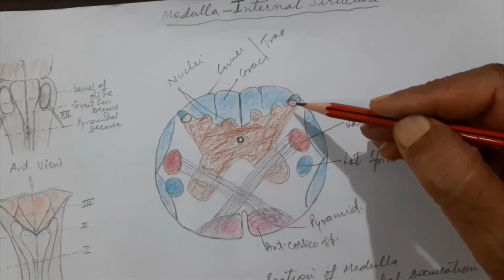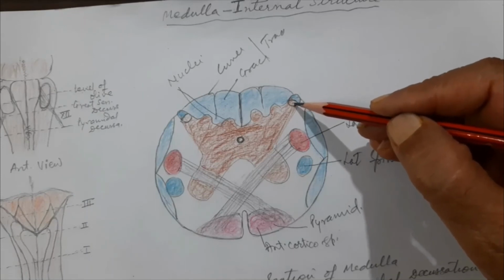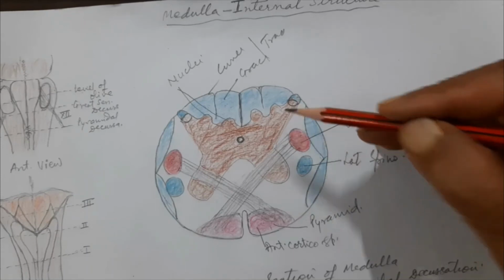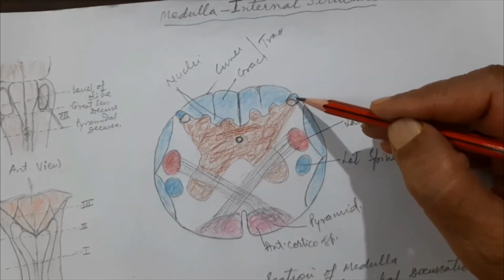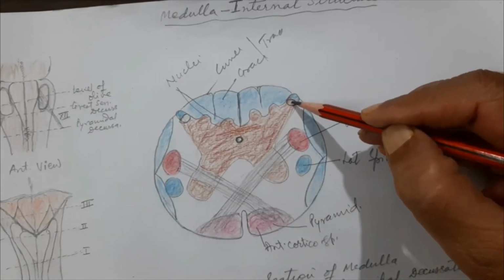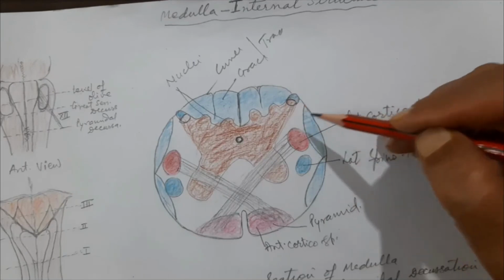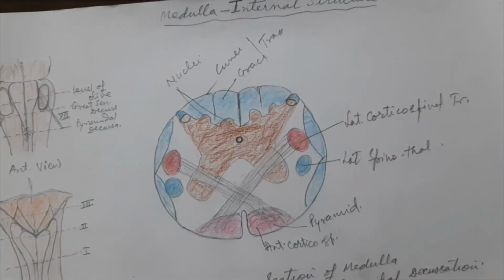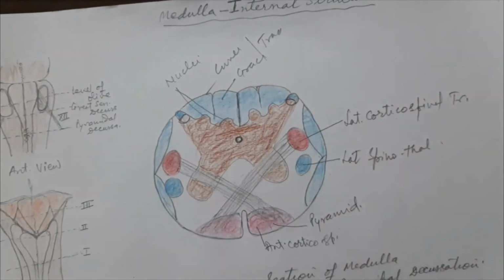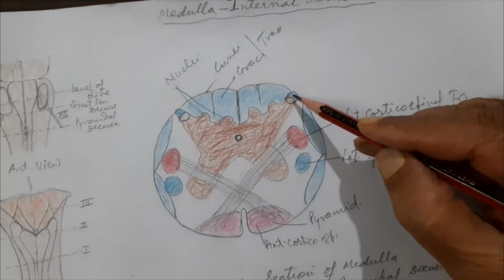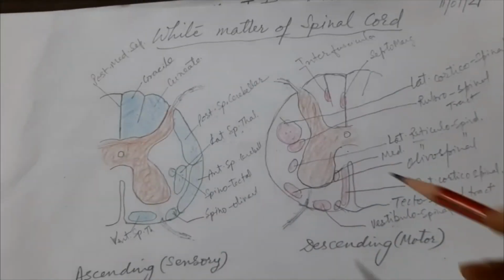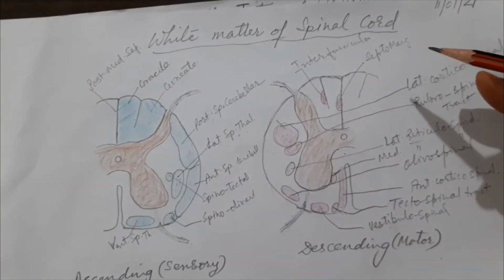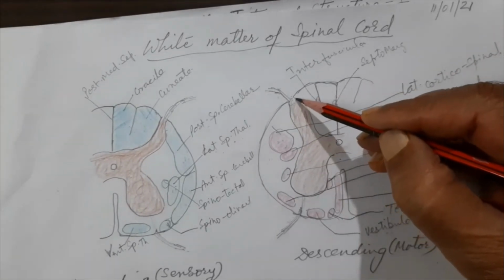That means they start appearing at this level, and as we go up into the medulla, they will become larger and larger. What will become larger and larger? The spinal nucleus and the tract of the trigeminal nerve. If you trace this below, this spinal nucleus of the trigeminal nerve is nothing but the substantia gelatinosa.